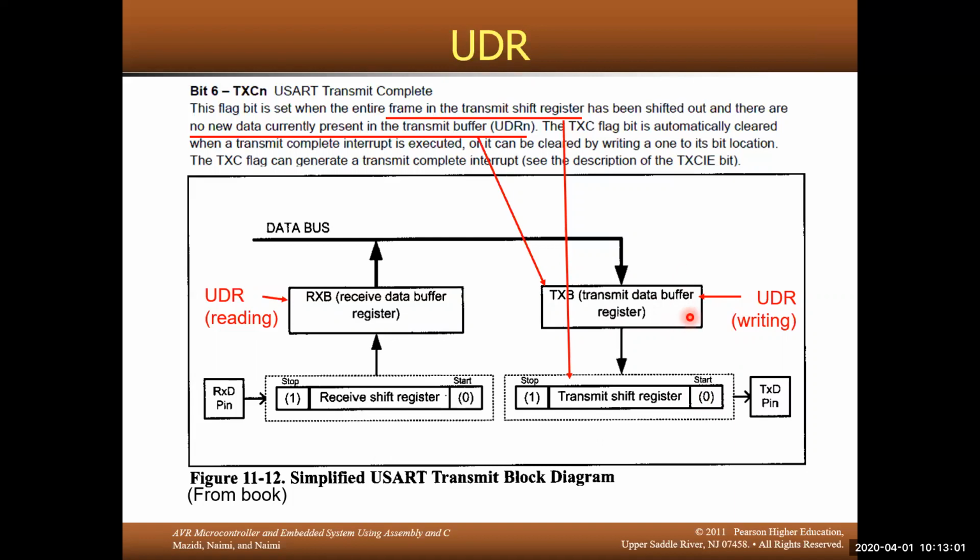So you've shifted out the last character. There's no character waiting to be transmitted. This transmit complete flag gets set, and you need to basically stop the interrupt from occurring.